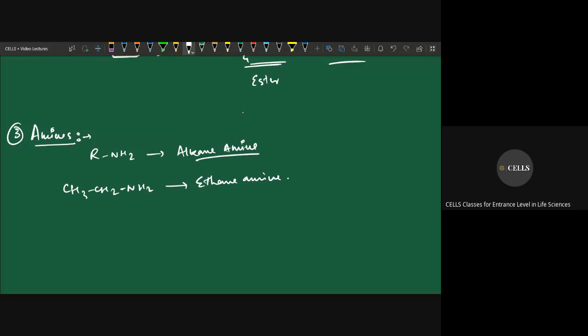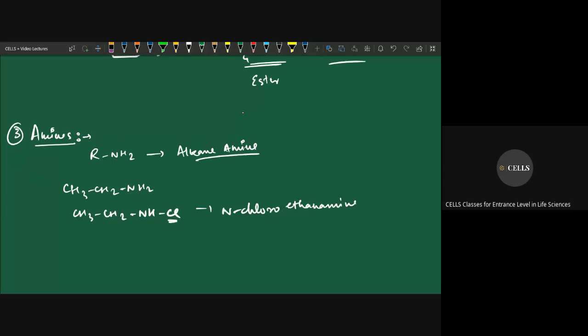Suppose, now see this very carefully. Suppose there is CH3 CH2 over here, NH, and there is a Cl, then it is known as N-chloroethanamine. It is not ethanamine, it is N-chloroethanamine.